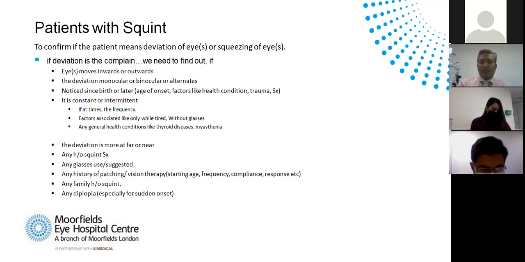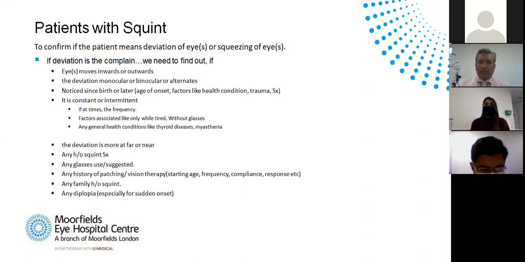The other part of the history is again the diplopia. Now, if the squint is sudden, then most likely the person will experience diplopia, double vision. If the onset is not sudden, and it has been there since early childhood, the person may not feel double. They may have alternate fixation, or alternate vision, or one eye is always suppressed and that eye is moving out or in.